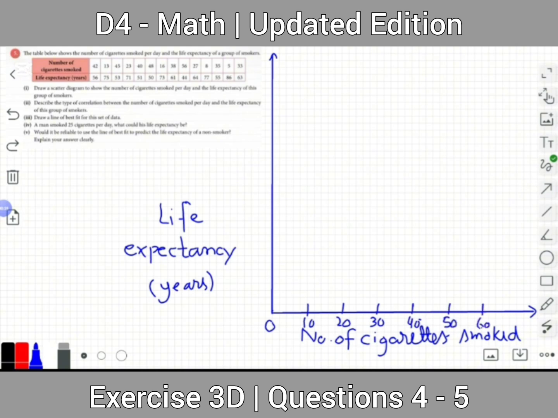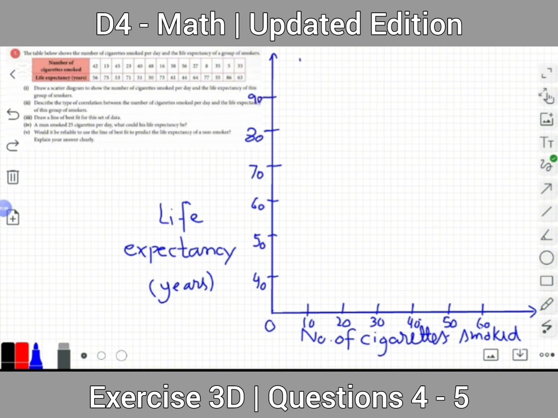Now along the y-axis we have 40, 50, 60, 70, 80 and 90.